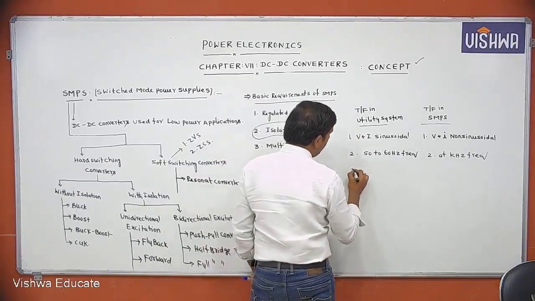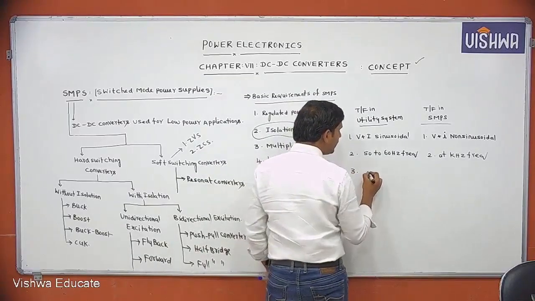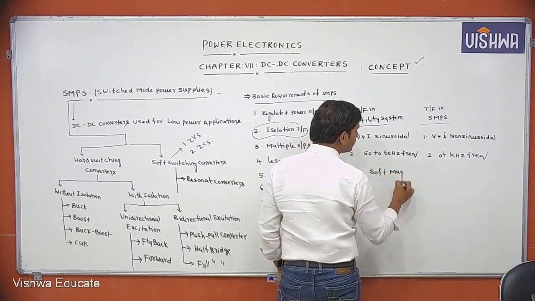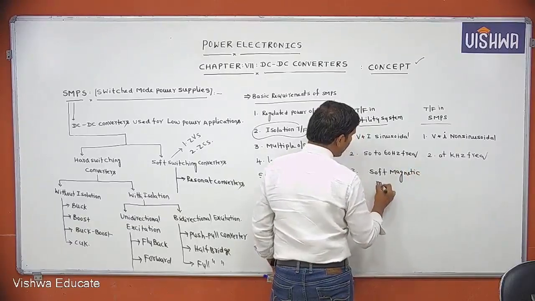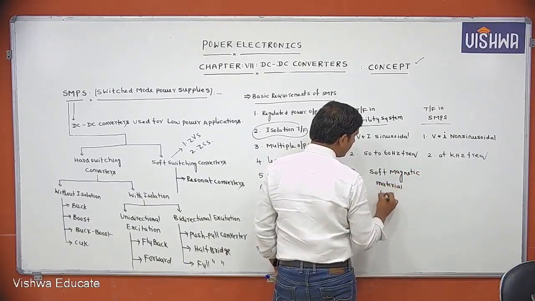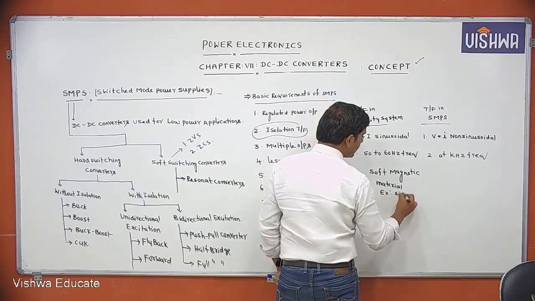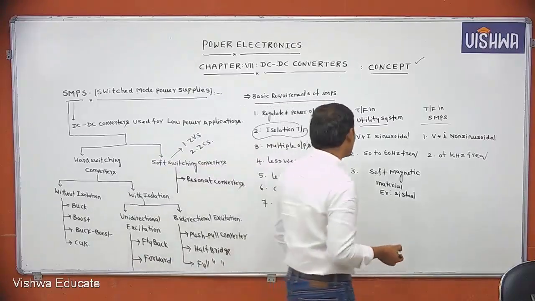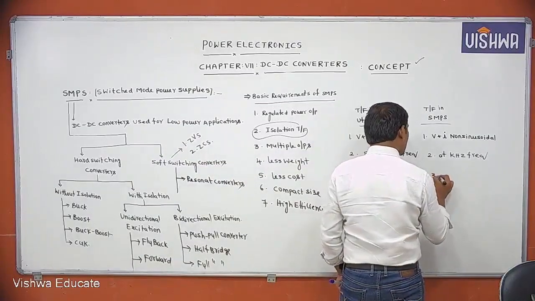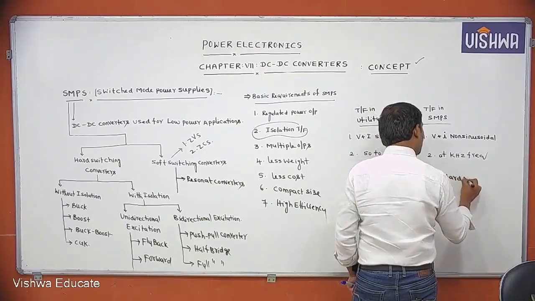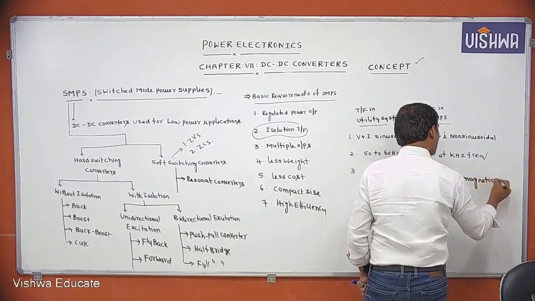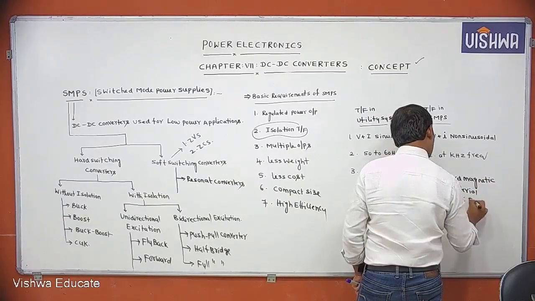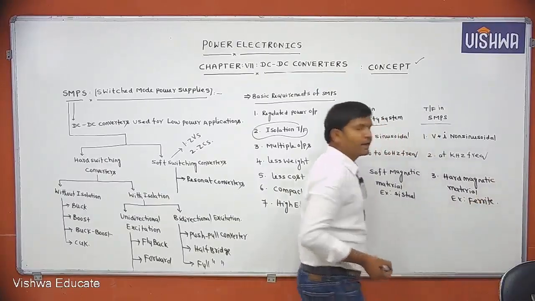The utility transformer core is made with soft magnetic material, for example silicon steel. But in the transformer used in an SMPS circuit, the core is made with hard magnetic material; the example is the ferrite core.